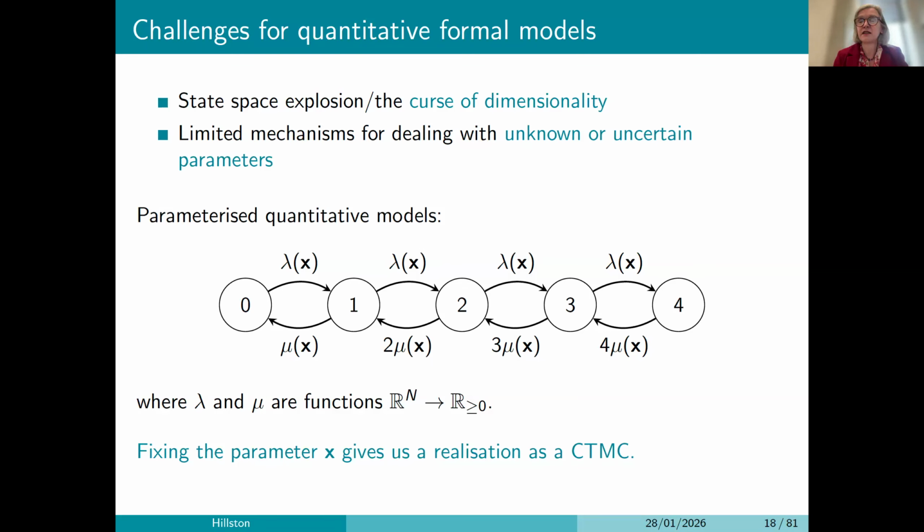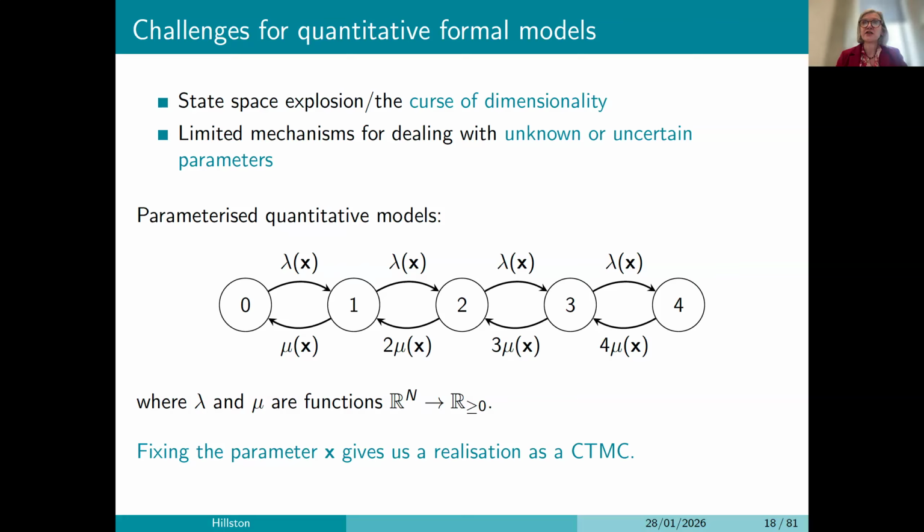So here we see that the arrival rate will depend on some parameter x, and similarly the service rate might depend on x. x could be all sorts of things. It could be the congestion in the system, it could be the time of the day, it could be the temperature in a biological system, or even the pH. But these will change those rates in ways that we can't always predict in advance.